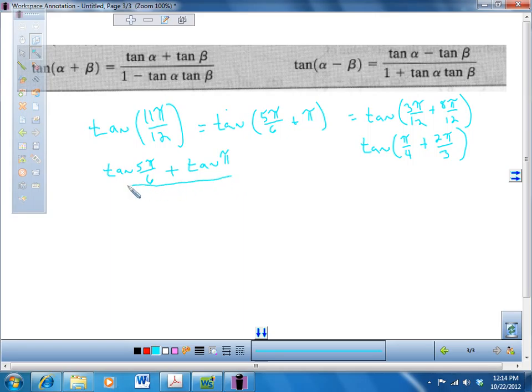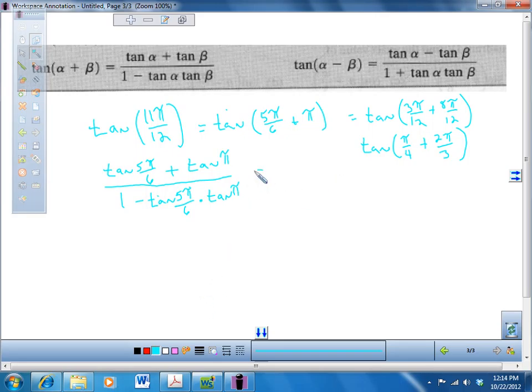That's 0, right? Over 1 minus tangent of 5 pi over 6 times tangent of pi, which is 0. So this might work out kind of nice, right?